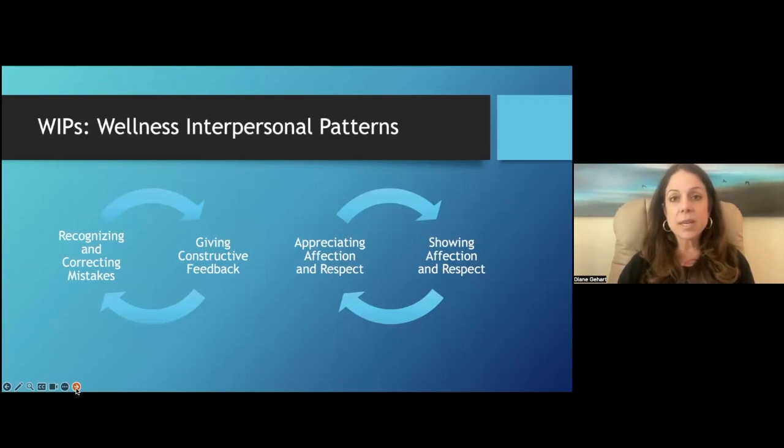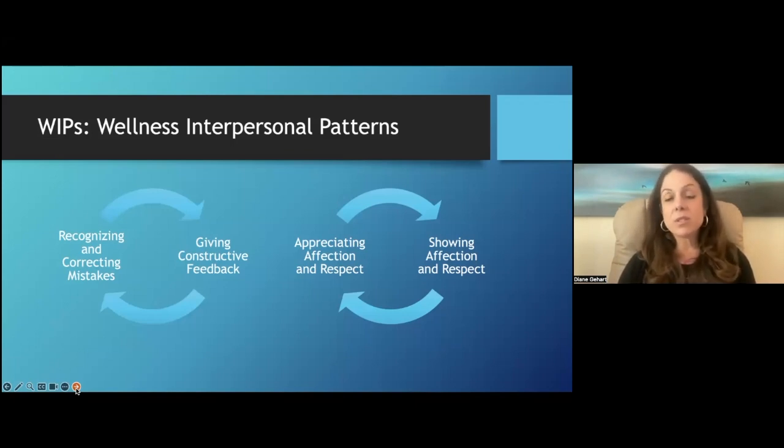So this is looking at how couples can interact to stabilize the wellness. With couples, families, and individuals, we're always looking for these moments where they brought out the best in each other. Maybe that's a good way to think about it, right?